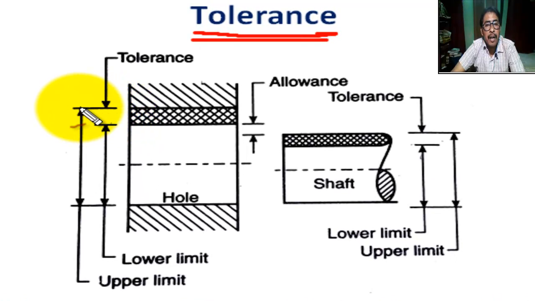This is the maximum limit of size for hole. This is the minimum limit of size for hole. Tolerance is the difference between upper limit size minus lower limit size.